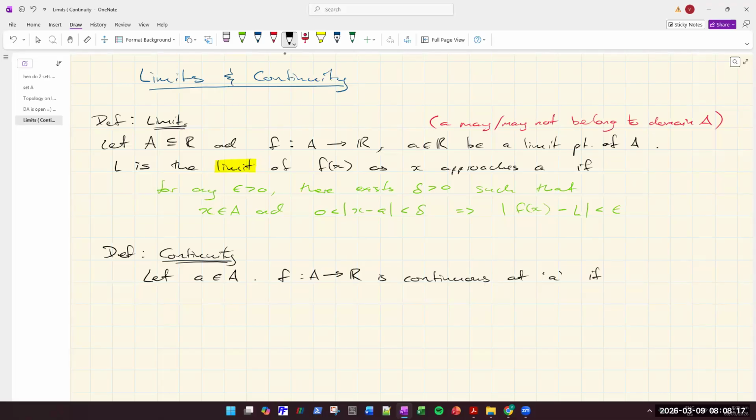if, so now here's the definition, and you'll see it's very close to the one for the limit.